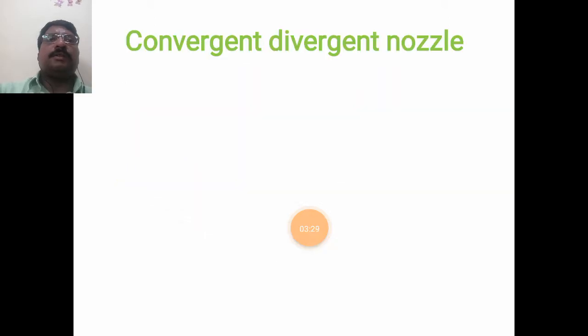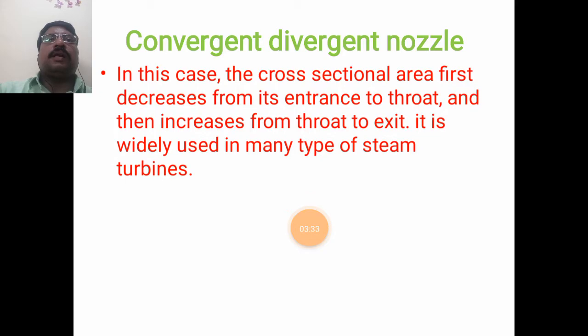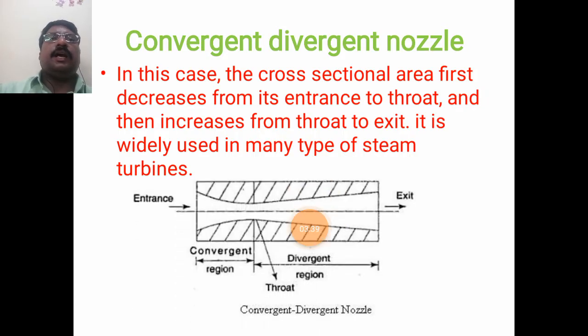So next one is the convergent and divergent nozzle. In this nozzle, first the cross section area continuously decreases from entrance to the throat point, and then increases from throat to the exit. This type of nozzle is most commonly used in many types of steam turbine plants.